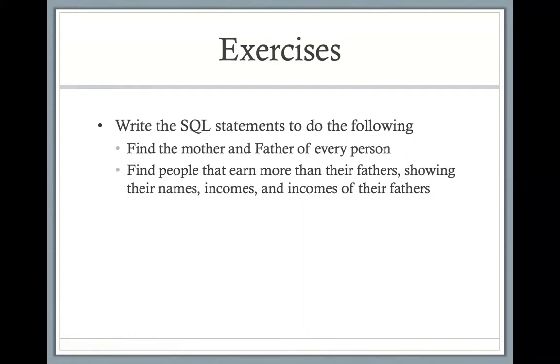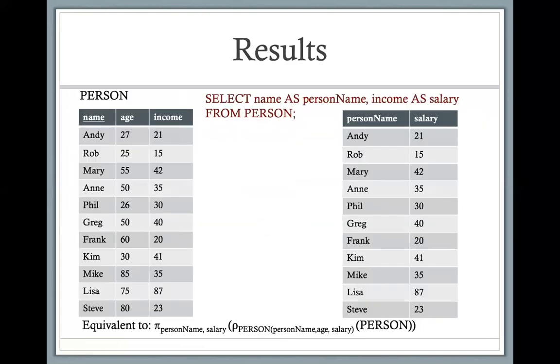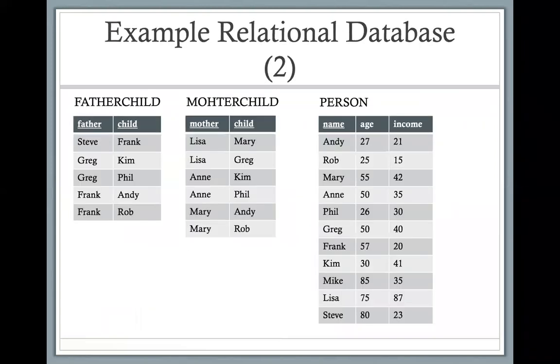Okay, so back to the schema. Voila. So right now I want to find people that earn more than their father. The information about a person and their father is in the table father-child. Great. Now to get the income of a person, I have to join with the table person, because the income is in the table person.